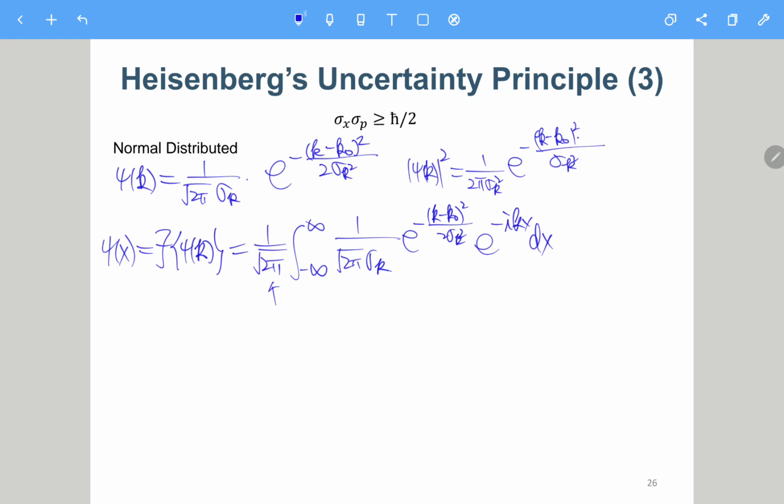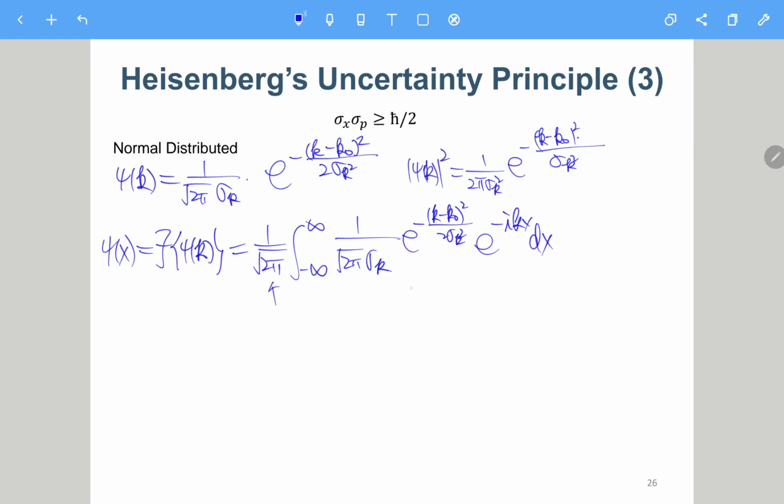And some textbooks use f, so that there is no 2 pi factor there. But here I just use 1 over square root of 2 pi because this is a probability density function like function, so it should be normalized. We're better off with that.